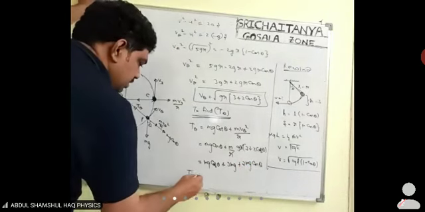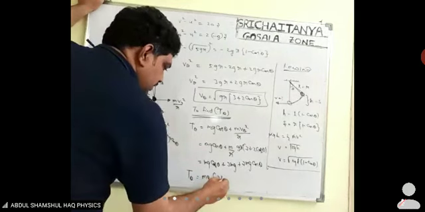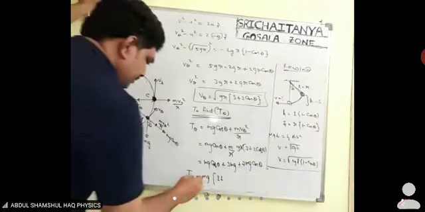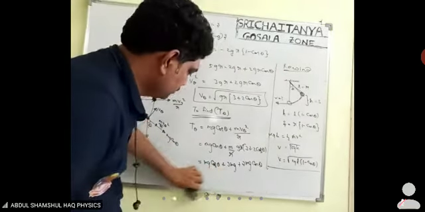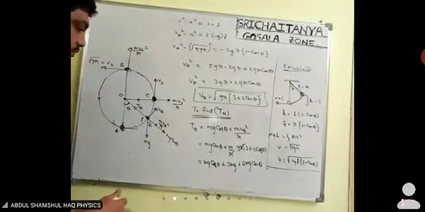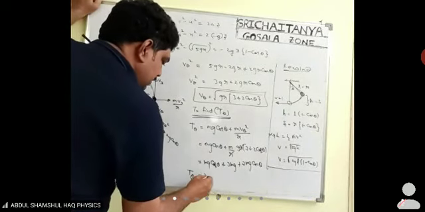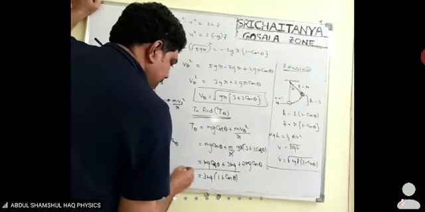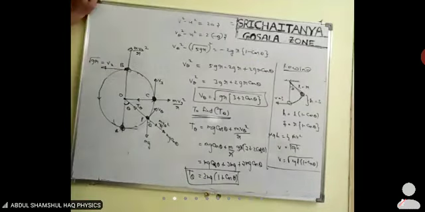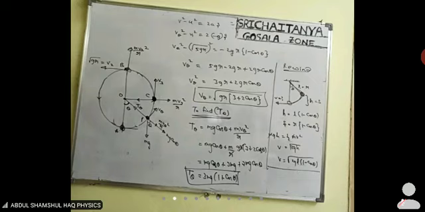Therefore, T theta will be equal to mg if you take it as common. That means we can say T theta is equal to 3mg of 1 plus cos theta. You understood, ma? This tension T theta here will be equal to 3 mg of 1 plus cos theta.